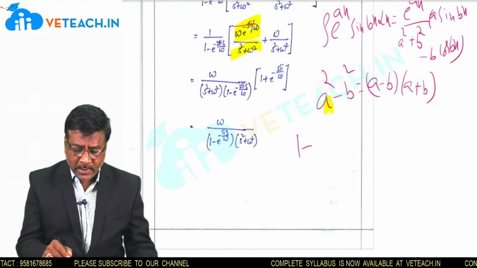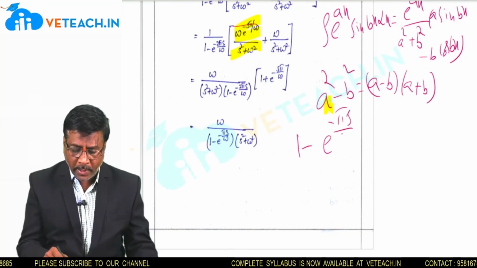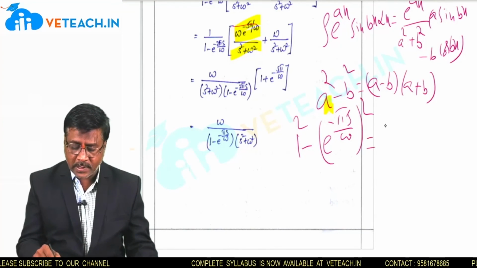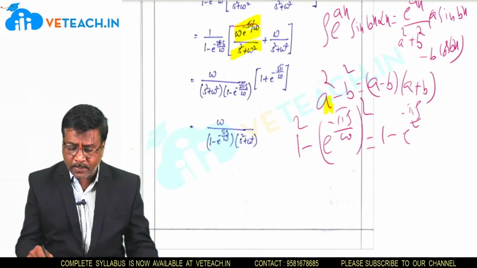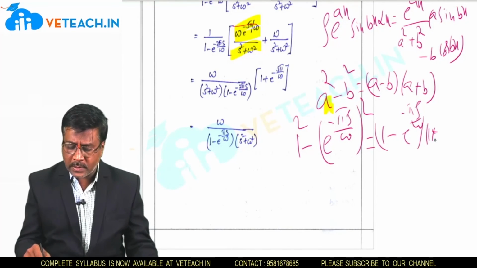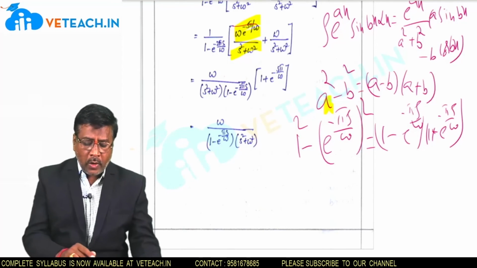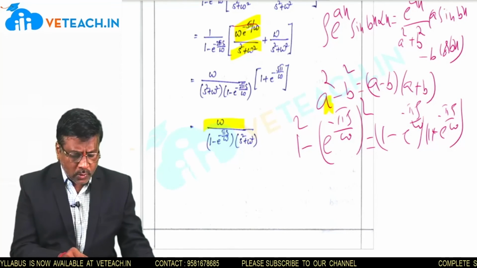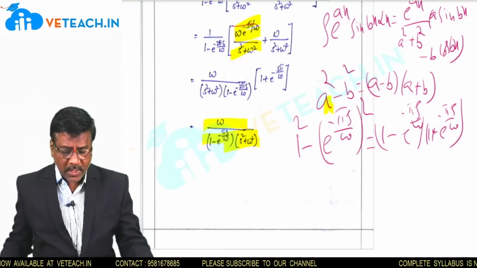That means 1 minus e power minus pi s by omega, whole square, a square minus b square. So that is 1 minus e power minus pi s by omega into 1 plus e power minus pi s by omega. Now we cancel the terms, and we get the result as omega by 1 minus e power minus pi s by omega, into s square plus omega square.